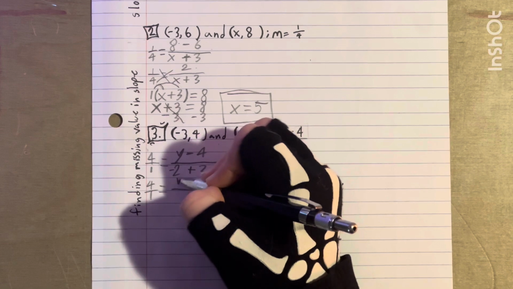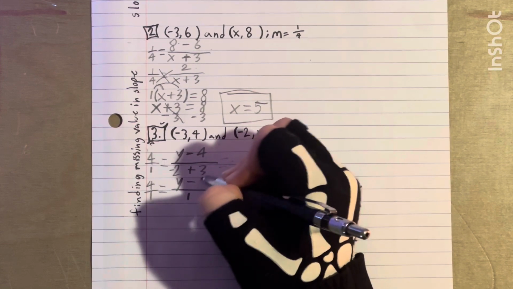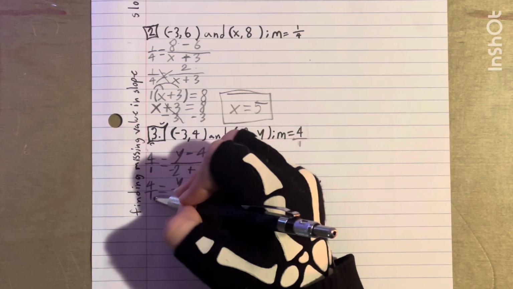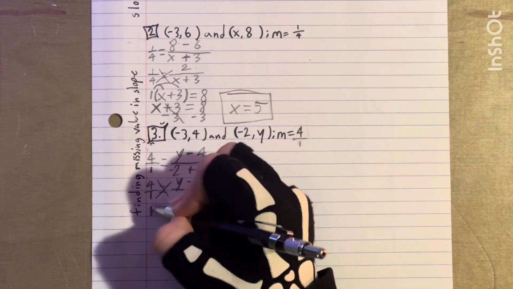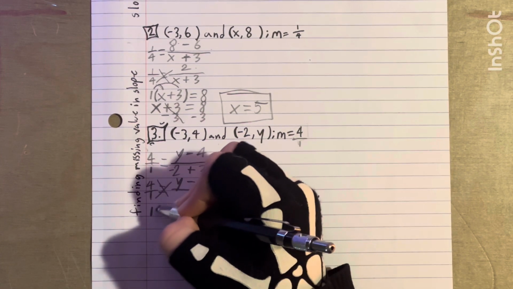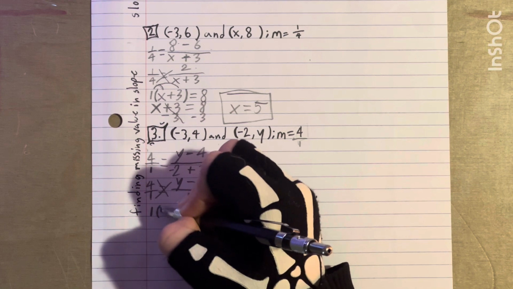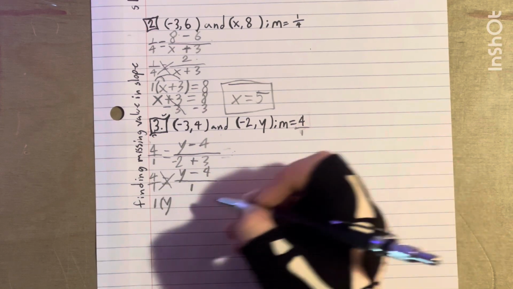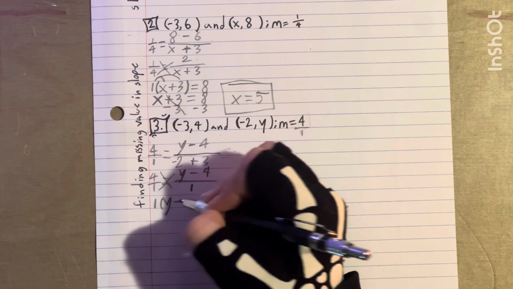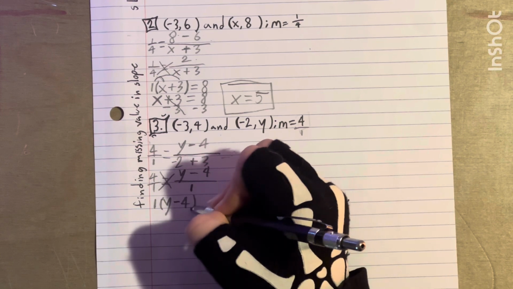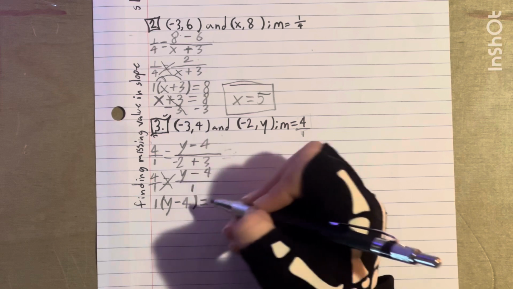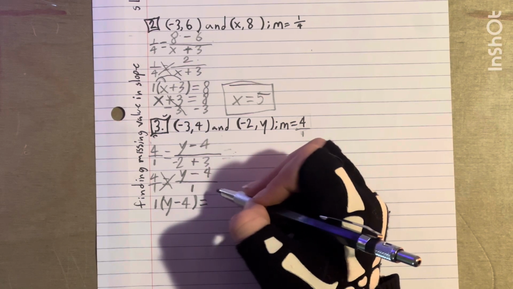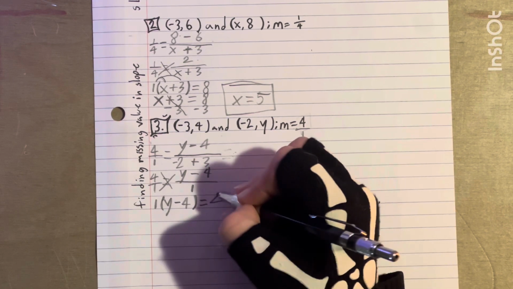Y minus 4 stays the same. And then you cross multiply, and you get 1 times y minus 4 in parentheses equals 4 times 1, which is still 4.